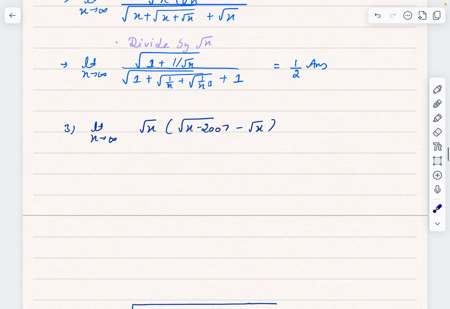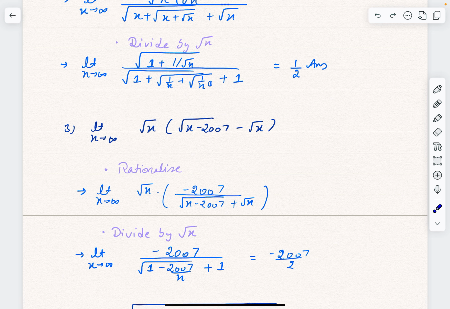See, limit x tends to infinity, root x into root of x minus 2007 minus root x. Okay, this square root is our whole thing. Give it a try, guys, then we'll start the discussion. Let's start now. Again, infinity minus infinity form, we rationalize, we get minus 2007 by root of x minus 2007 plus root x.